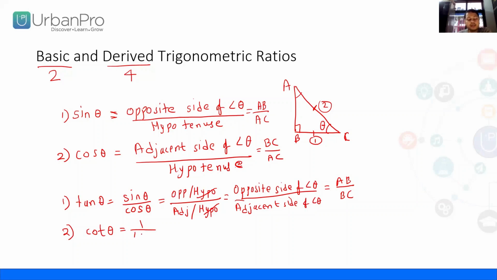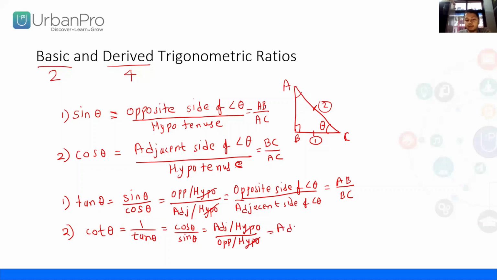Now next is cot theta. What is cot theta? Cot theta is basically the inverse of tan theta. Inverse of tan theta means cos theta will be in the numerator and sine theta in the denominator. So this ratio will just get inverted: adjacent upon hypotenuse divided by opposite upon hypotenuse.